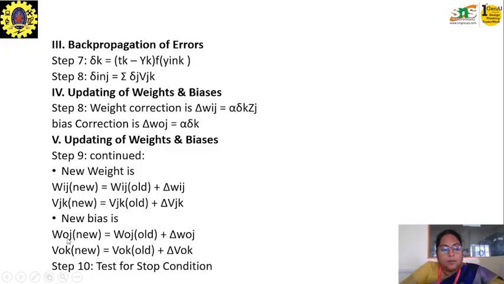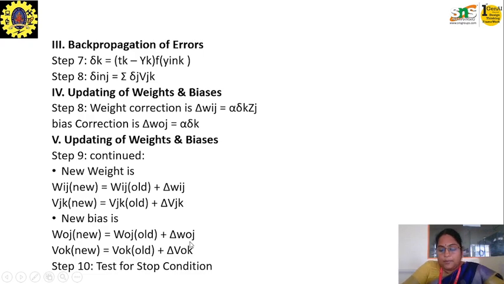The new woj is equal to the old bias plus del woj, the updated bias. So new vok is equal to old vok, where vok is the second hidden layer's bias value, plus the updated bias value. So the new bias value is also calculated.